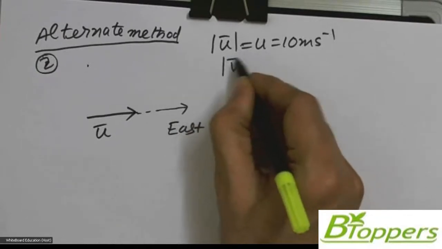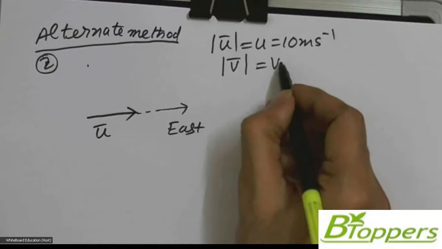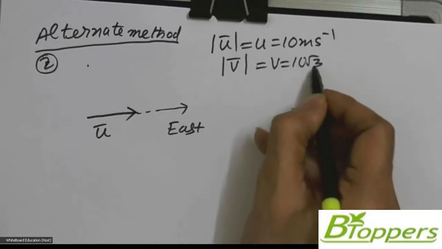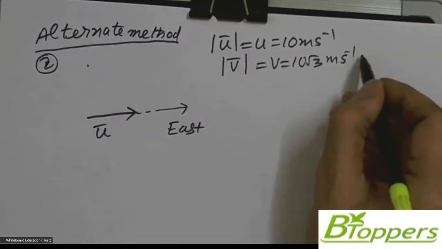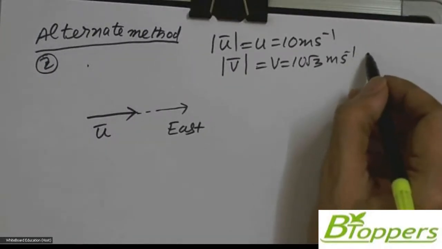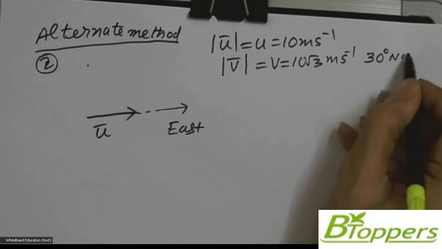Denote the final velocity vector by v bar. Mod of vector v bar or v is given to be 10 root 3 meter per second. The direction of the final velocity vector is given to be 30 degrees north of east.